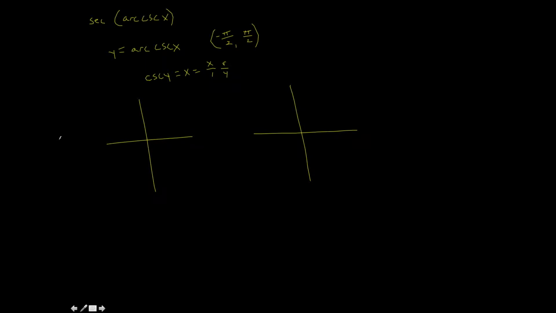So here's what we have. When we get ready to draw a reference triangle, we have to draw it. This is x and 1, and let's just call this A for right now. Now, the other one is where x is less than negative 1, which is going to be, because this is negative pi over 2 to pi over 2, it's going to be in quadrant 4.